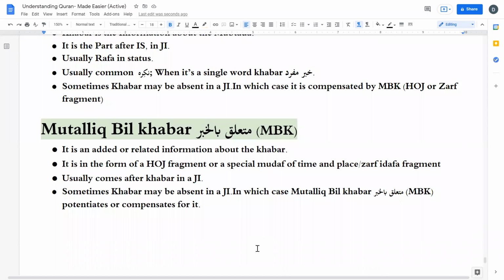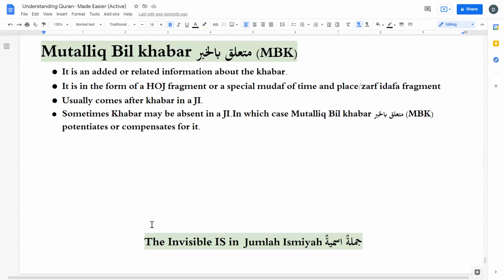Yes, mutaliq bil khabar usually comes after khabar in a Jumlah Ismiyah. So normally we have mubtada, then khabar, then mutaliq bil khabar. Sometimes khabar may be absent in a Jumlah Ismiyah, in which case mutaliq bil khabar compensates for it.